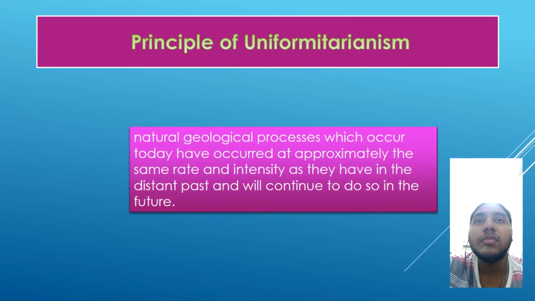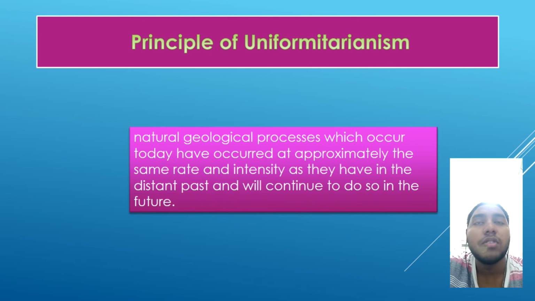The principle of uniformitarianism is quite simple actually. The definition of it is that the natural geological processes which occur today have occurred at approximately the same rate and intensity as they have in the distant past and will continue to do so in the future.